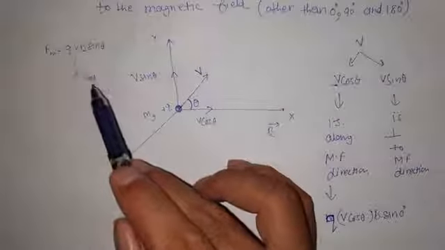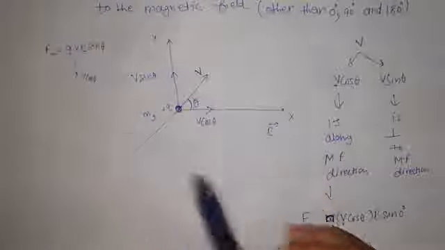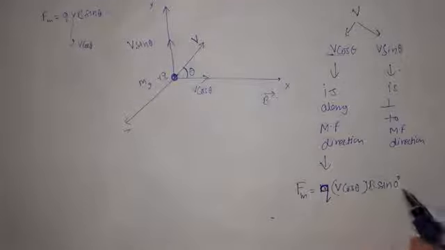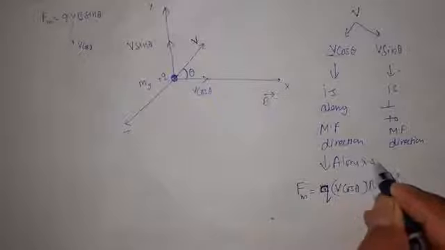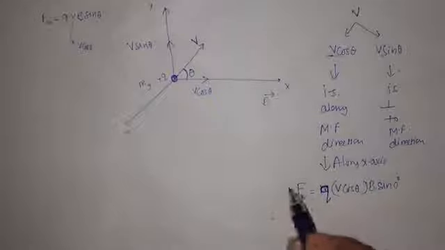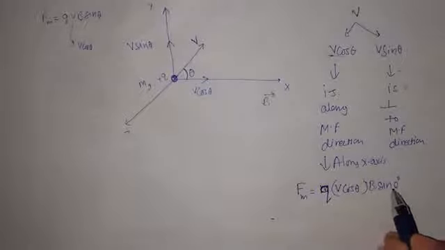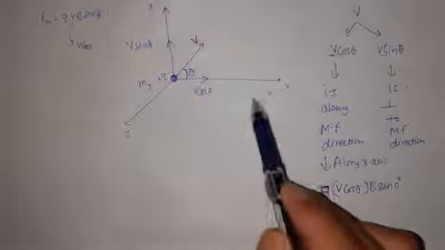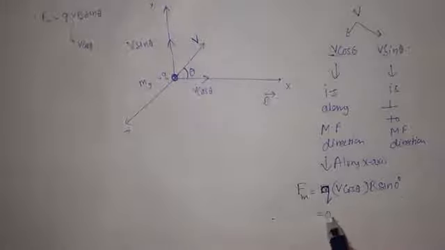It is v cos theta, so instead of v I will write v cos theta. So the magnetic force along the x-axis is q v cos theta B sin, and the angle between this horizontal component and the magnetic field is 0 degree, so it becomes sin 0 degree, which is 0.